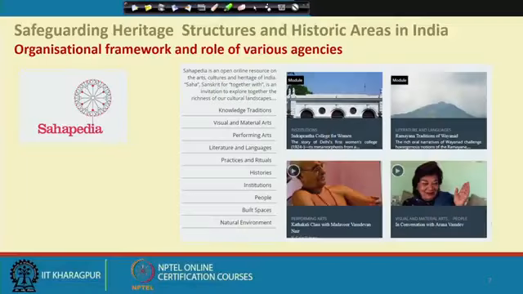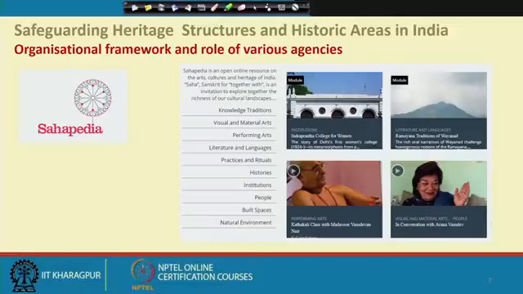But most important are also the local chapters, which are many in number, and they are a very important part of INTACH to support or to start the ground level work, raise awareness and capacity building. But not only INTACH, there are also other non-governmental organizations, NGOs, which play a very important role.